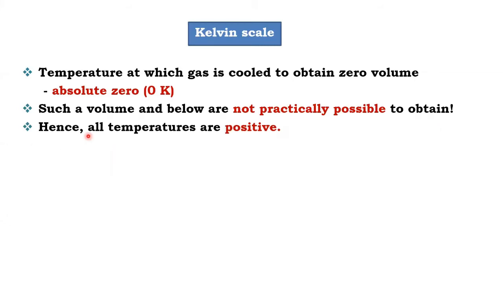So hence all temperatures are positive. इस वजह से जितने भी हमारे पास temperature हैं, all of them are positive. So whenever we talk about kelvins, the temperature in kelvins is always positive and it is never negative.